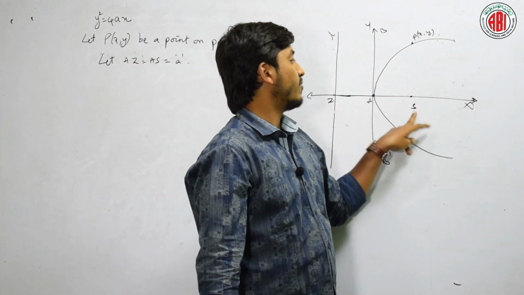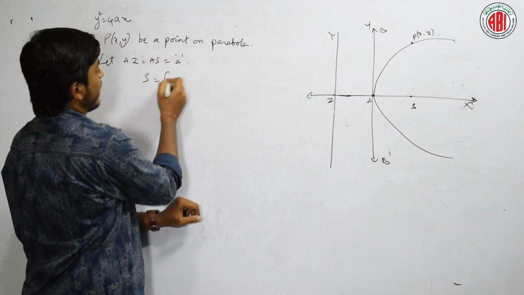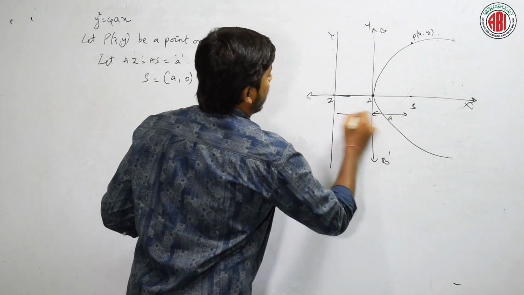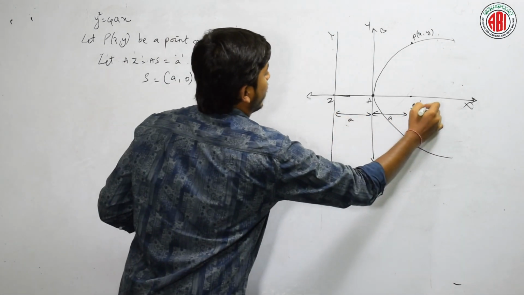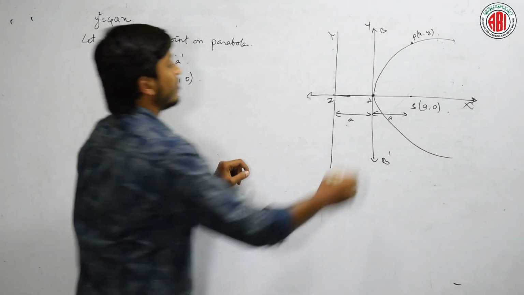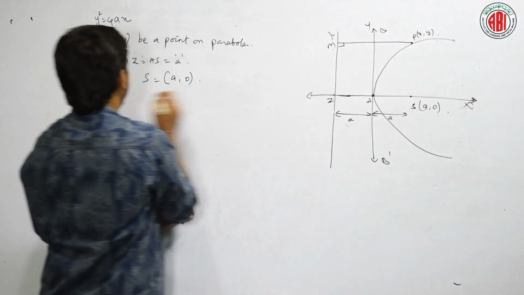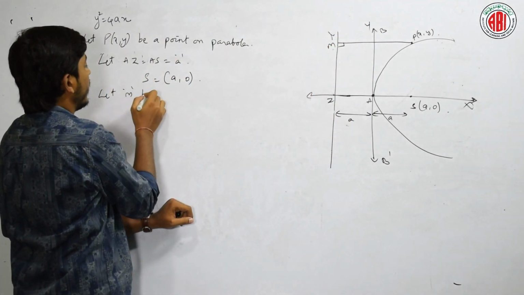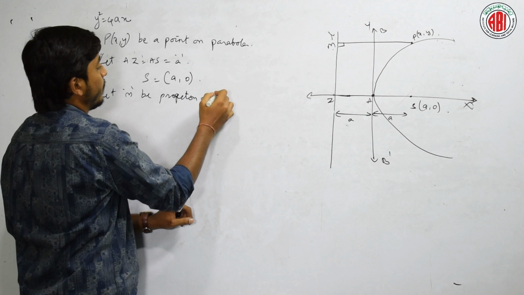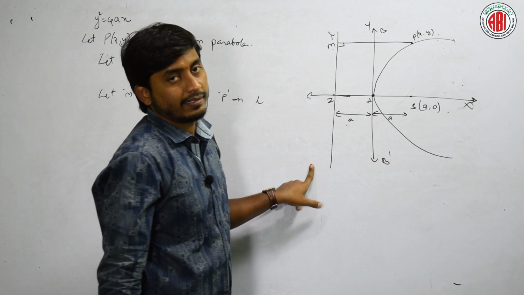Since S is on the x axis, what will be the point S? S will be a comma 0. This distance is a and this distance is also a. Then this point will be a comma 0. Next, let M be the projection of P on L, that is our directrix.